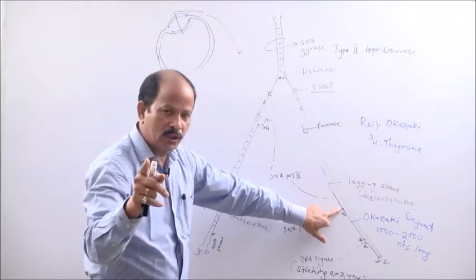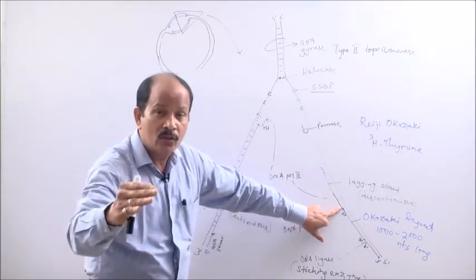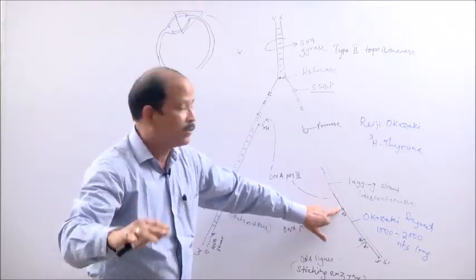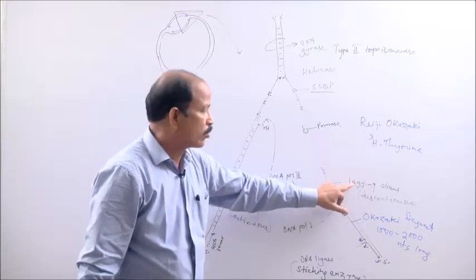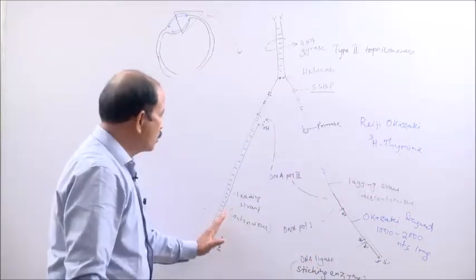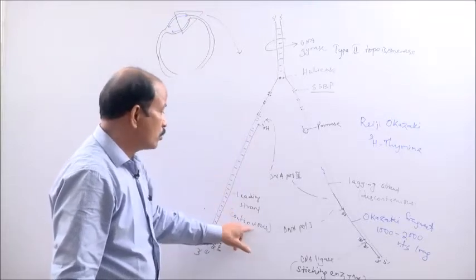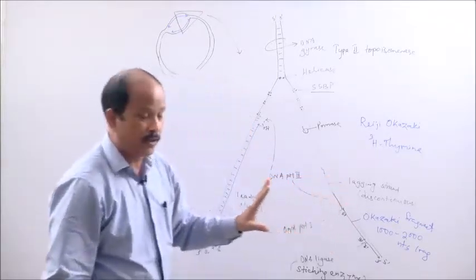As the 3'-OH end of this discontinuously synthesized strand lags or falls behind the 3'-OH end of the continuous strand, that's why the term lagging strand is used. Discontinuous, it is patchy, and the other is continuous, so that's why continuous strand is the leading strand and discontinuous strand is the lagging strand.